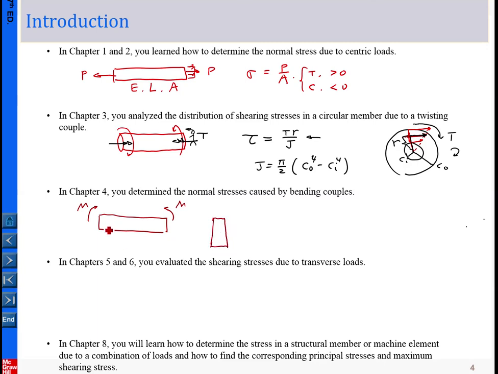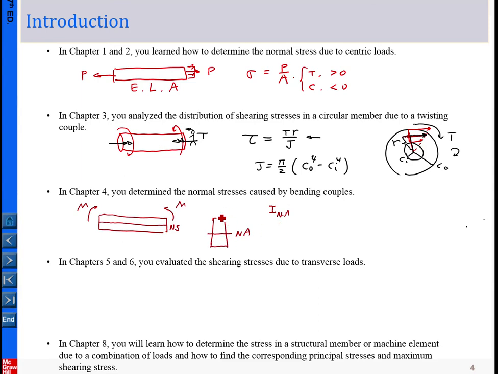The first step you have learned is to identify the neutral surface, which means the intersection of the neutral surface with the cross section, which we call the neutral axis. That is the very first step you need to determine. The next one is to determine the moment of inertia of the entire cross section with respect to the neutral axis.